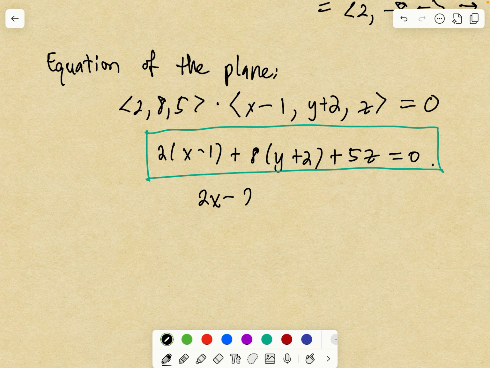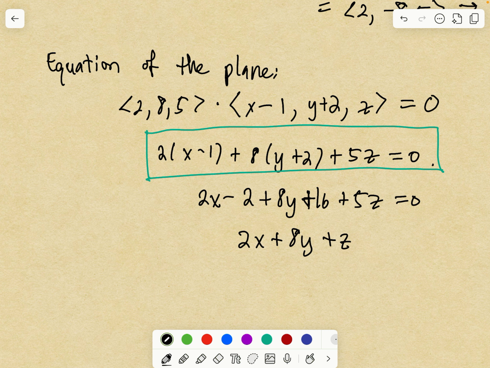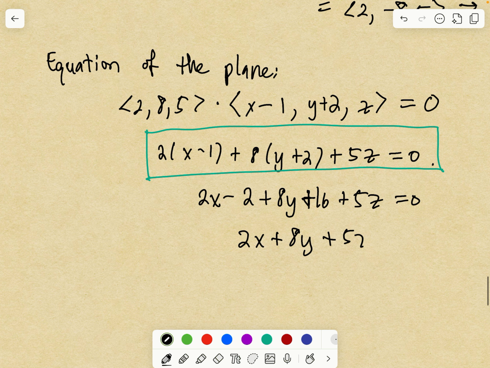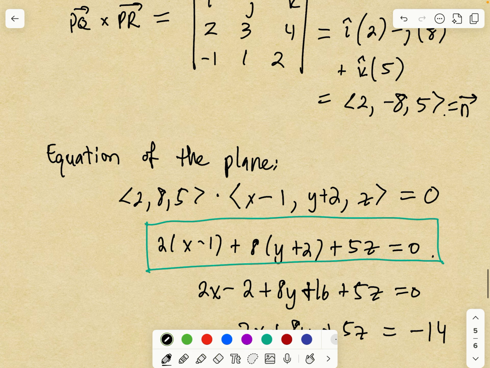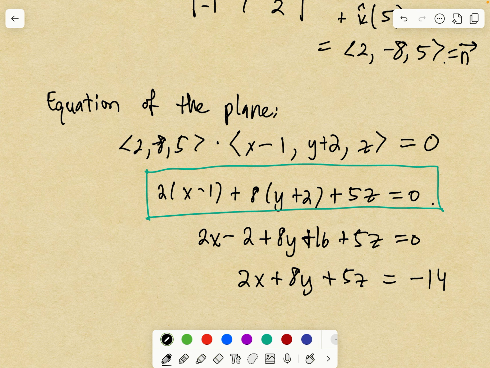So you're going to get 2x minus 2 plus 8y plus 16 plus 5z equals 0. So that's 2x plus 8y plus 5z equals, add 2 and subtract 16, so you get negative 14. Did I do that right? Oh, no, because there's a minus sign here. Okay, so there's a minus sign here.